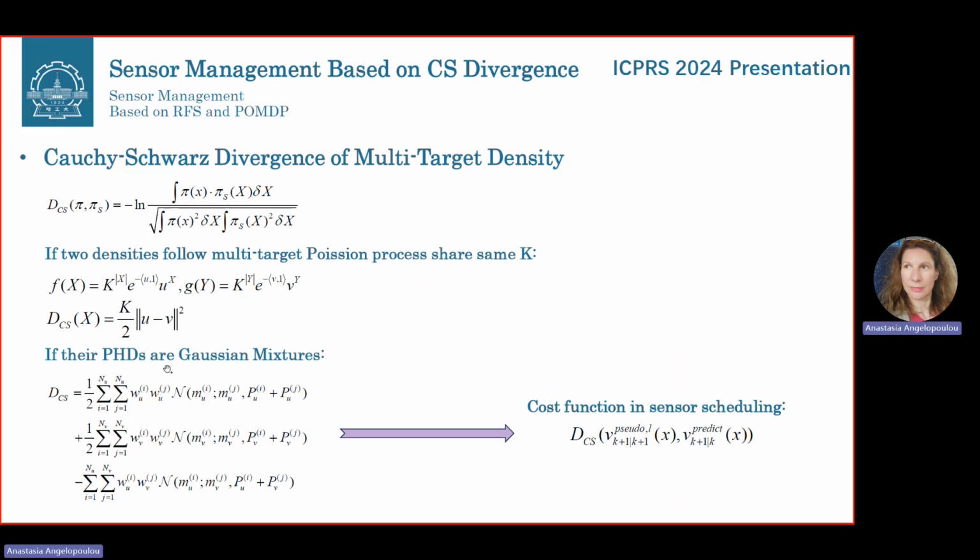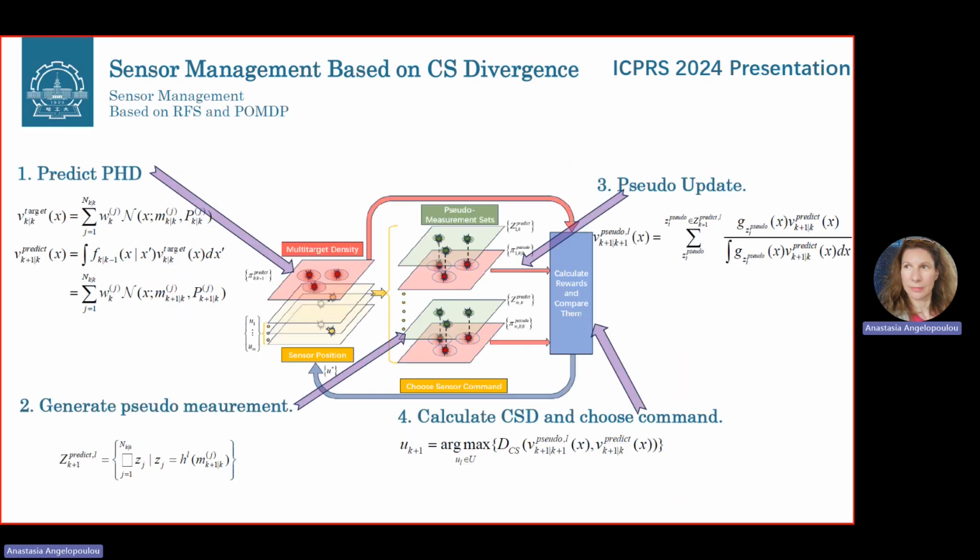Now let's make a conclusion about our method. First, we predict the PHD, and then we generate pseudo measurements by the predicted PHD corresponding to the actions the sensor can choose.